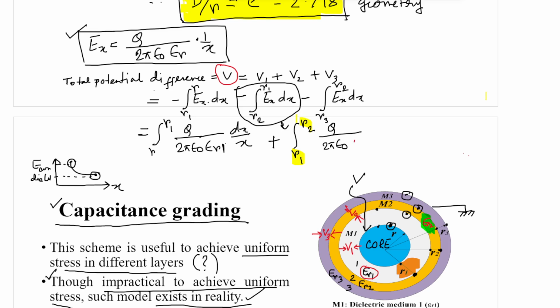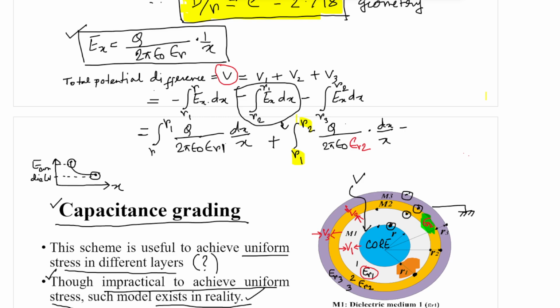So one should write epsilon R2 in this place. Then we have dx by x.